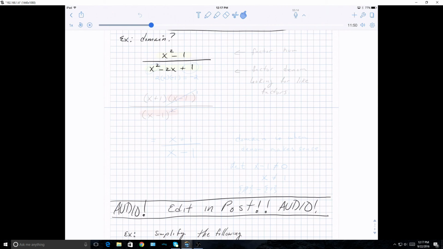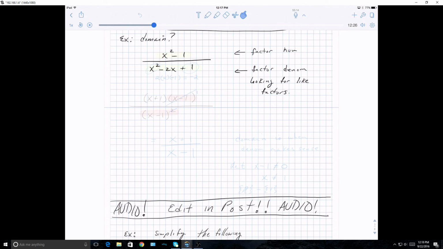What we really need to do is factor the numerator, and we should factor the denominator. The reason we do this is because there might be similar factors. So what we are looking for are like factors.